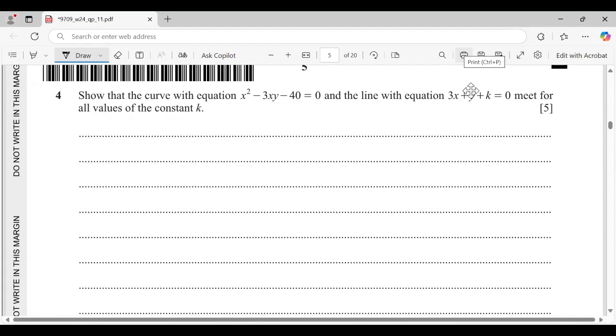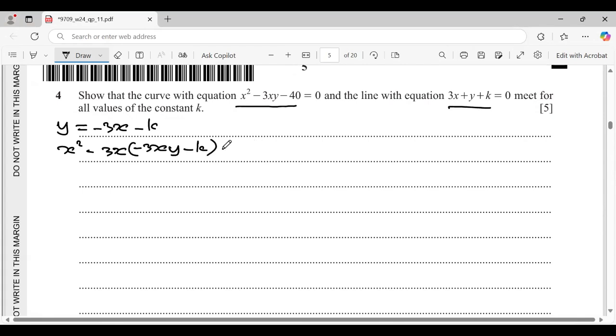From the equation 3x plus y plus k equals 0, I would like to set y equals minus 3x minus k, and I will substitute into this equation. So it's going to be x squared minus 3x times minus 3x minus k, then minus 4t equals 0.